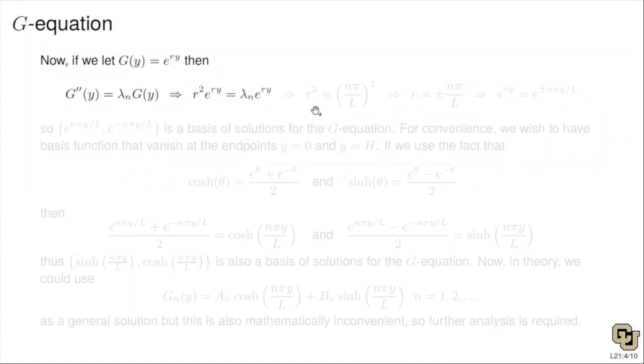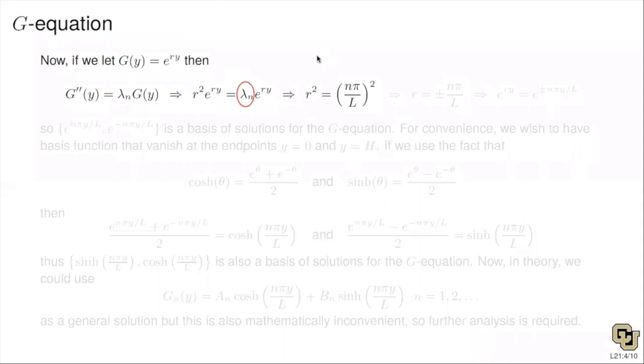And so we plug in, you get R squared equals lambda sub n. In this case, we already know what lambda sub n is. We solved for lambda sub n in the previous slide. So here we're not looking for the eigenvalue, we already know it.